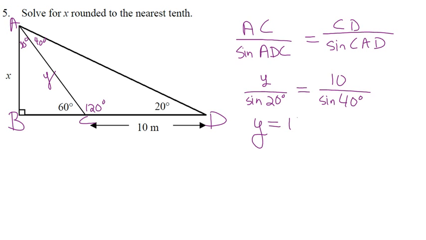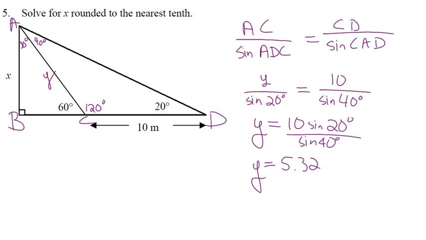So Y is equal to 10 sine 20 over sine 40. So what's Y? 5.321, and so on, it keeps going. It's an intermediate calculation, so we keep it in our calculator, use it, and then round our final answer.